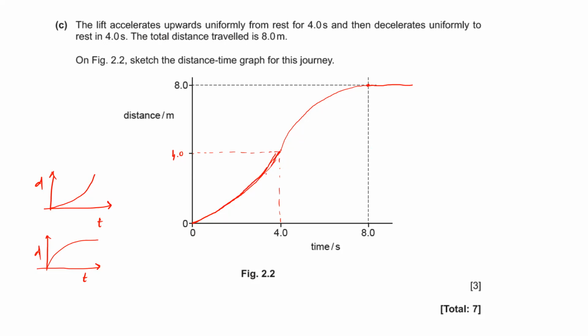Remember, make it a curve. Do not make it a straight line. I've tried to make it a curve, so let me draw it in a better manner. For example, this is how it looks. This is a curve, and then this is another curve that decelerates. Okay, so this is how your graph will look.